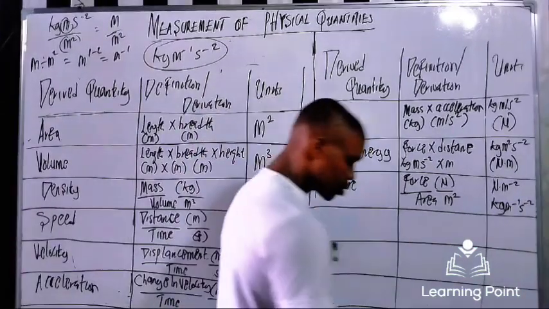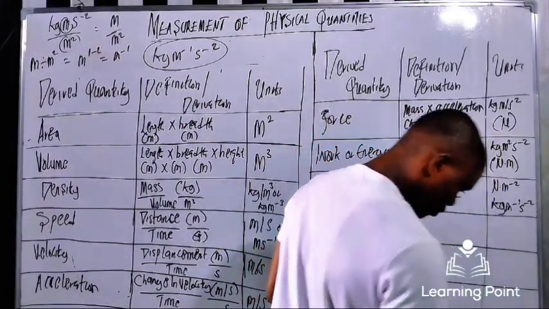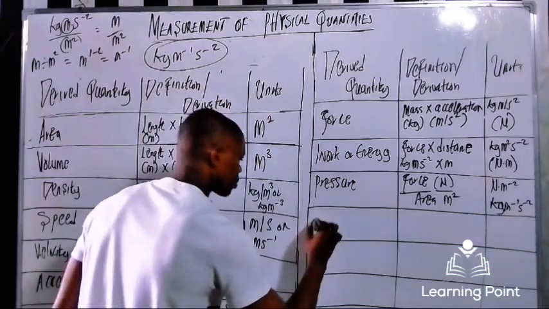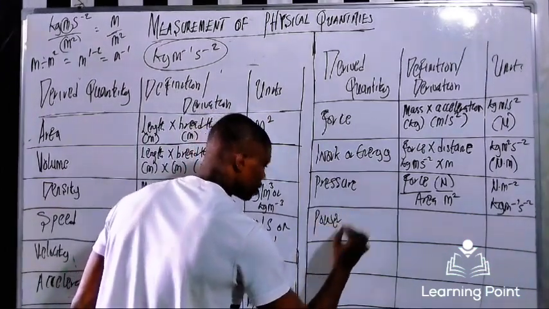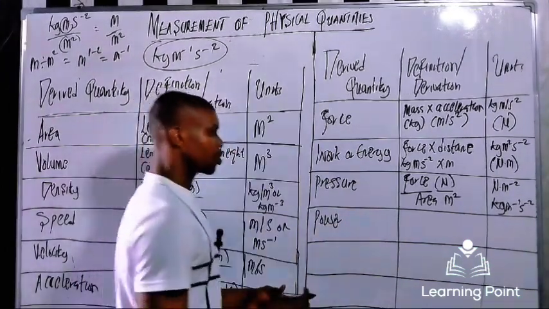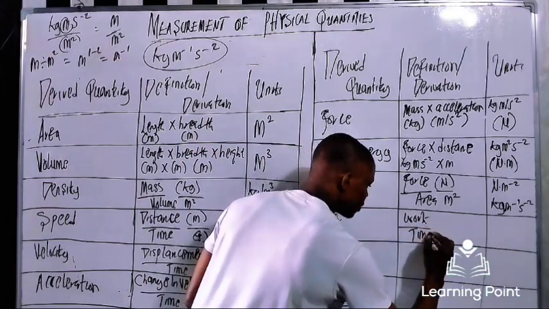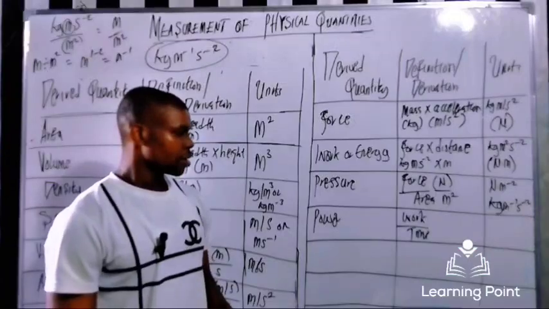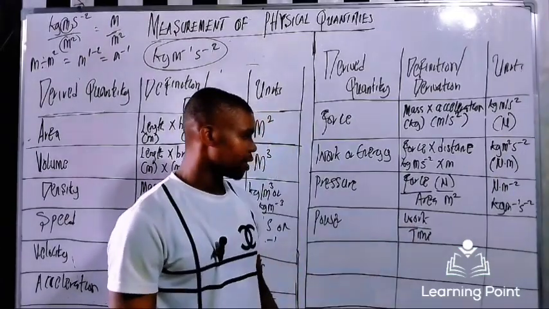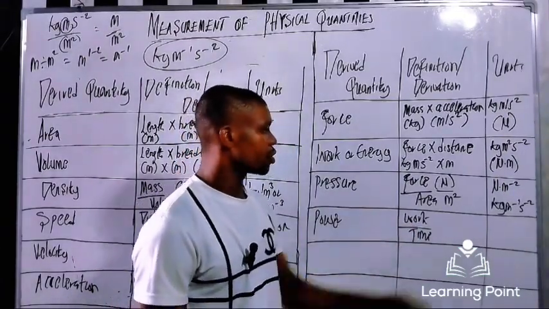Now the next one we are going to look at is power. Now, what is power? Power is equal to work over time. Now, remember, the unit of work is what? The unit of work is Newton meter.